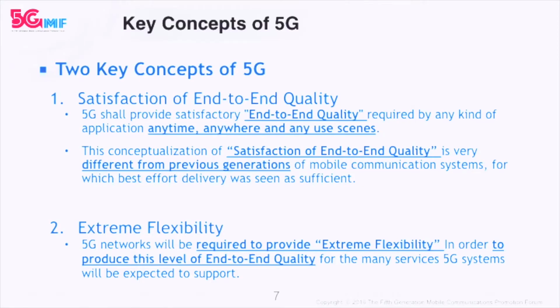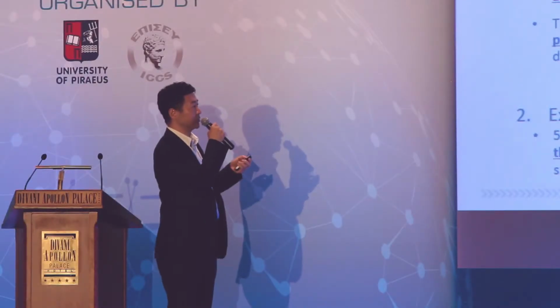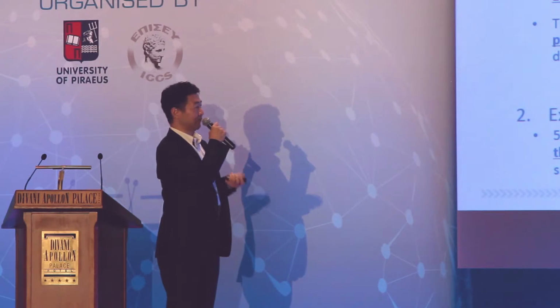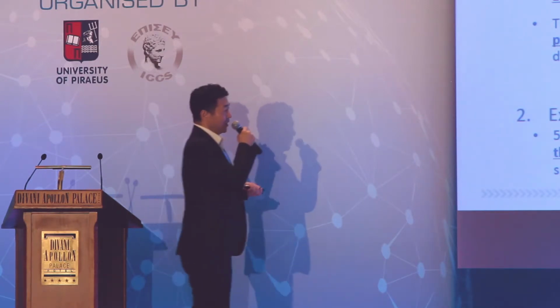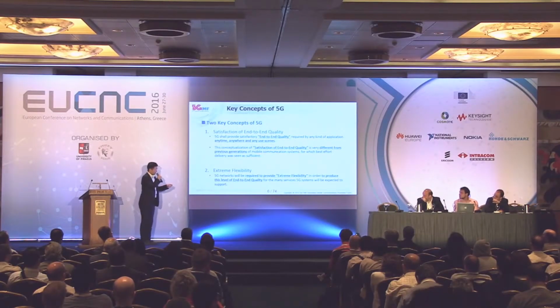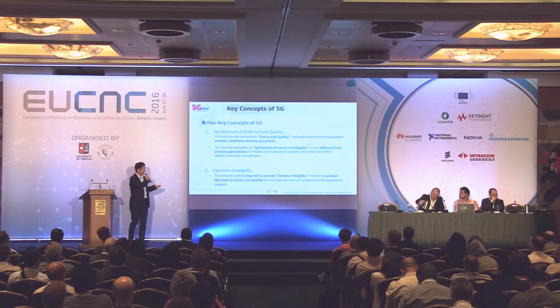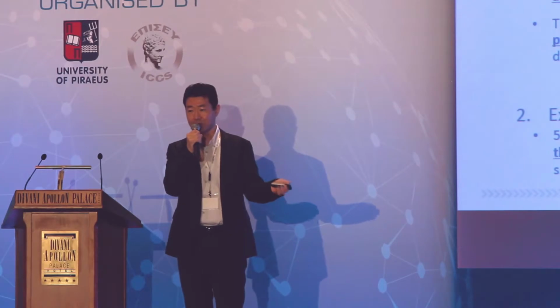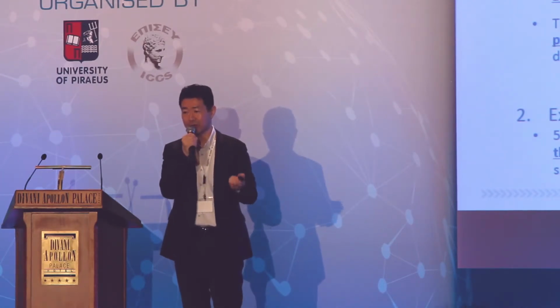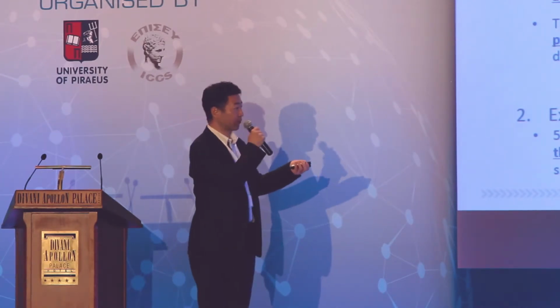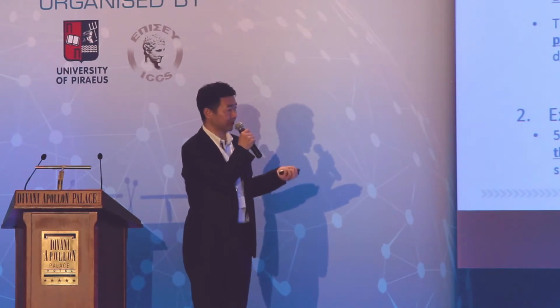And this is very different from the previous generation. Right now we have to go through operators, but we should be able to use whatever technology is available there. And extreme flexibility is that, to produce the level of end-to-end quality for many services and individual applications, which have very different requirements, we need to support them with a single infrastructure.